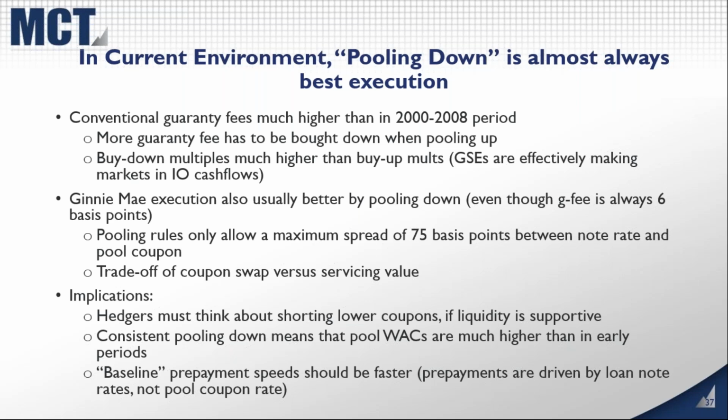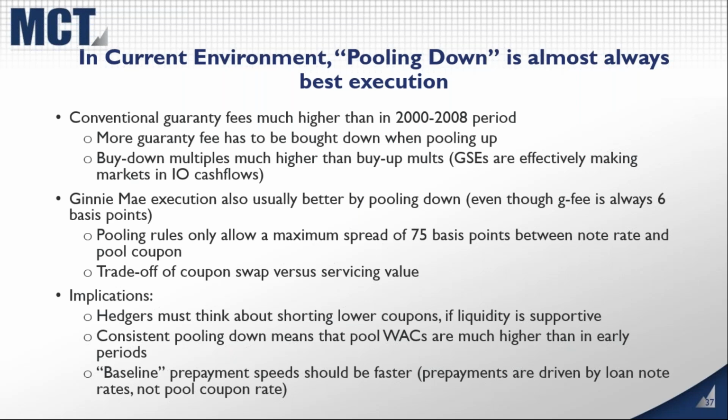So the implication for hedgers is you have to think about shorting the lower coupons if liquidity is supportive. Right now, what you're seeing is people using Fannie 2s as a hedging vehicle, but really hesitating to use 2.5s. But I think if liquidity improved and the rolls improved, hedgers would also start using Ginnie 2s as a hedging vehicle, again, if liquidity and cost are supportive.